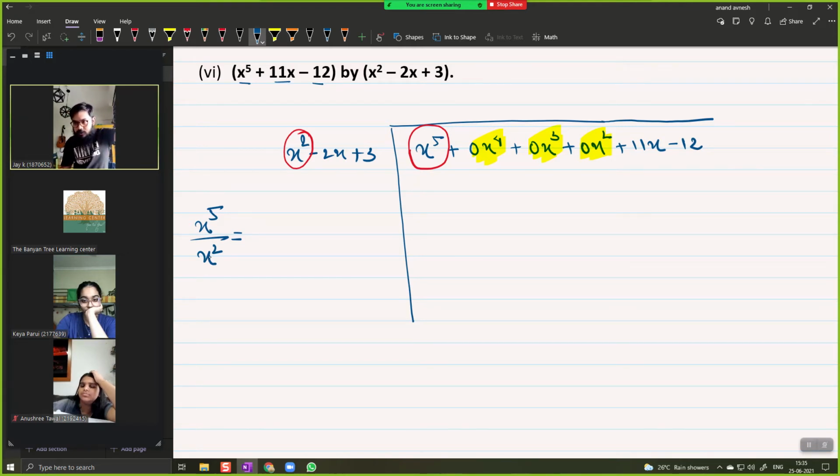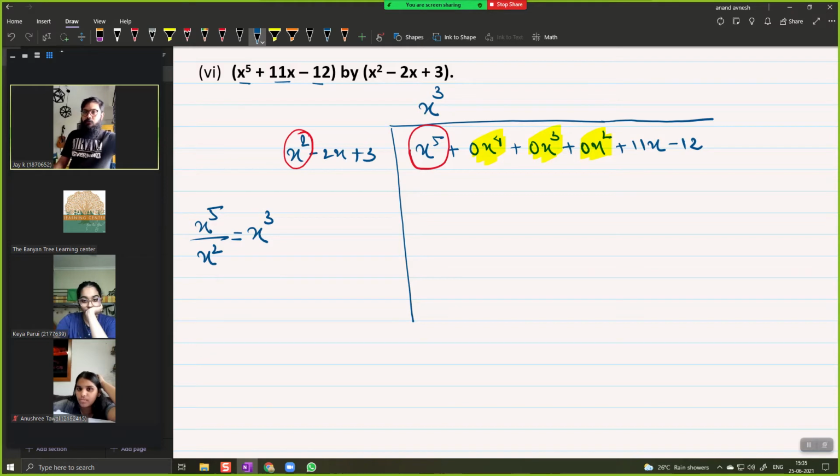No, see, there are 2 x's in the denominator and there are 5 in the numerator. 2 of them will cut and the remaining will be 3 x's, x cube. Okay, so you write this x cube here in the quotient, the first term of the quotient.